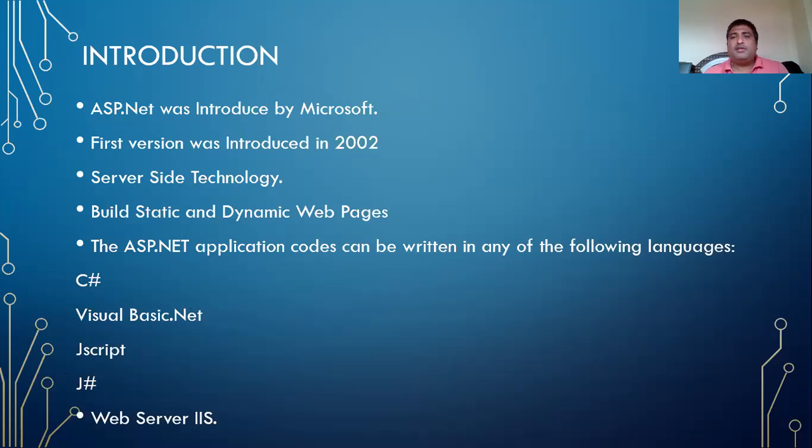We can run on the same editor. And as it is a server technology, it requires a server, and that we use is IIS. This is the Microsoft server. When we install Windows, at that time, the IIS server gets installed.